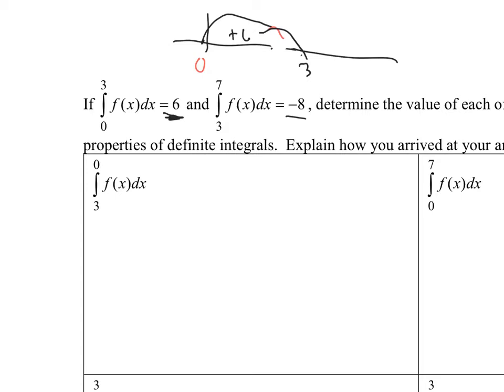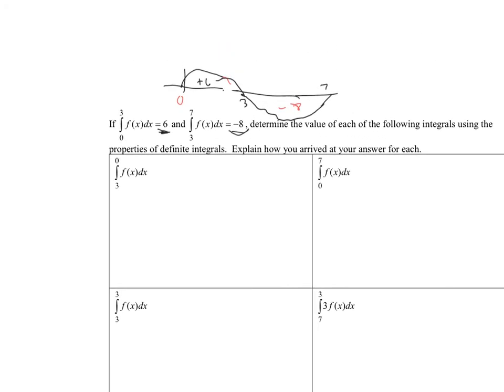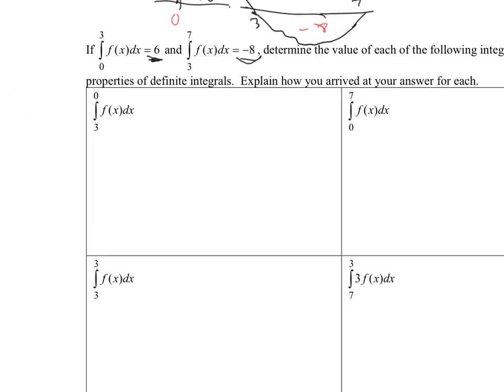Then 3 to 7 has area under the curve of a negative 8. So for these problems, that's a fact, till I change it.